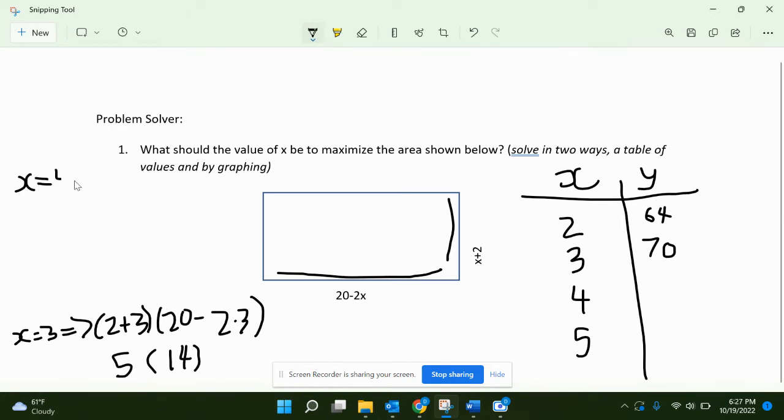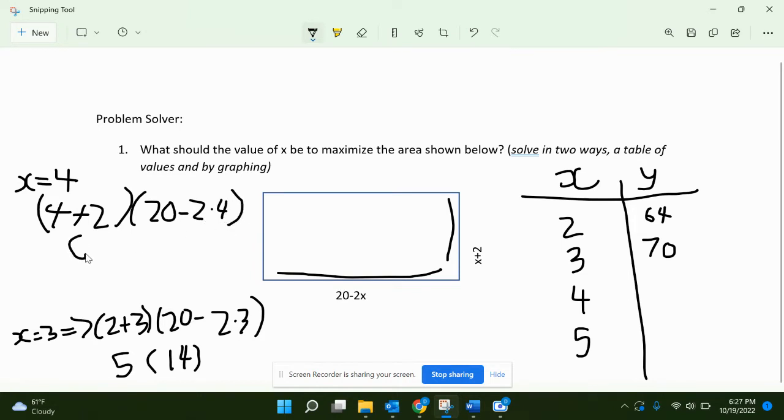So at x equals 4, we're going to get, of course, I erased the function, 4 plus 2 times 20 minus 2 times 4.